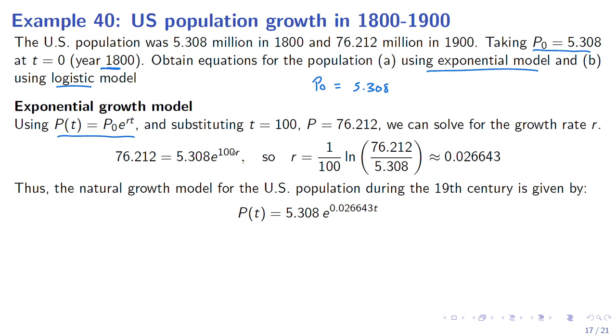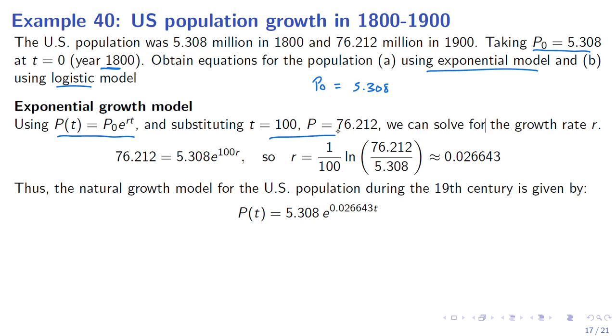That's straightforward. The next thing we need to find is r. At 1900, this was the population. So 1900 is after a time of 100 years. So at t equals 100, P is this. That's the second data point we have.